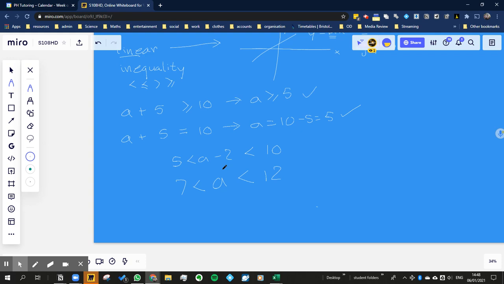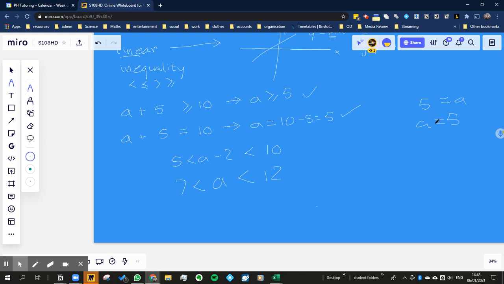There is one other thing to be aware of, and that is if we take this situation down here, I ended up with a solution of a is equal to 5. When we're working with equal symbols, we can switch it around whatever way we like. So if I ended up rearranging my equation and it said 5 is equal to a, I could say, well, obviously then a is equal to 5. But that wouldn't be the case in the inequality, because it depends which way it's pointing.